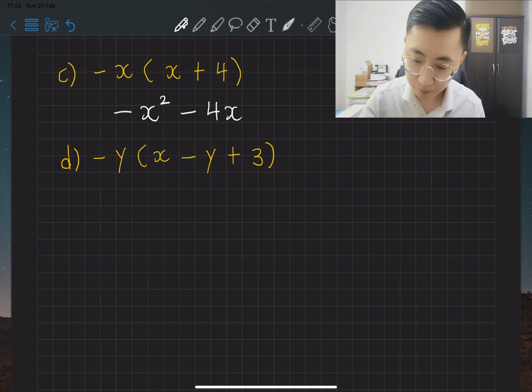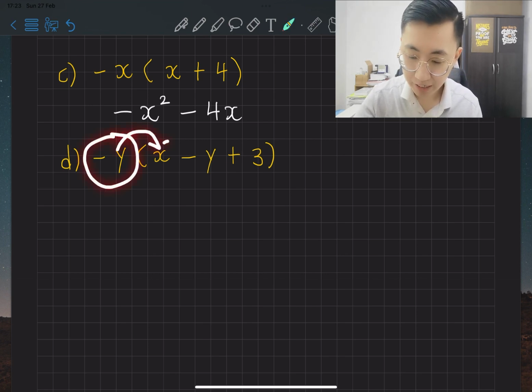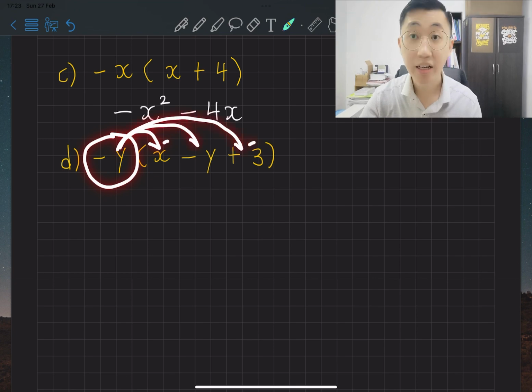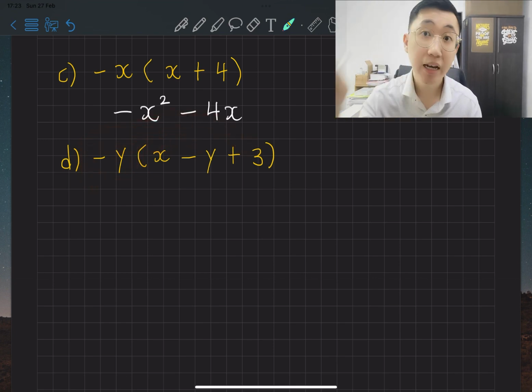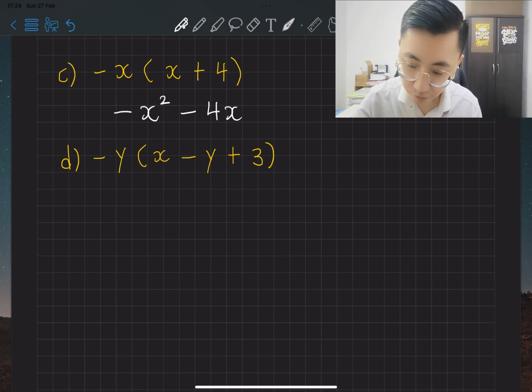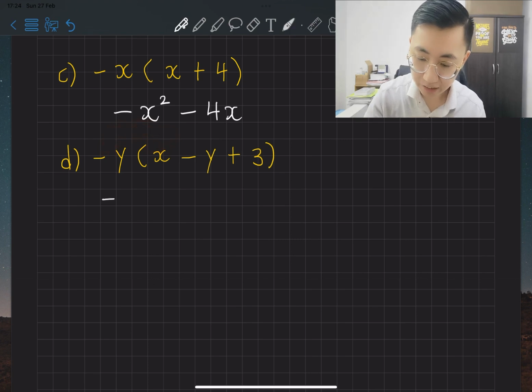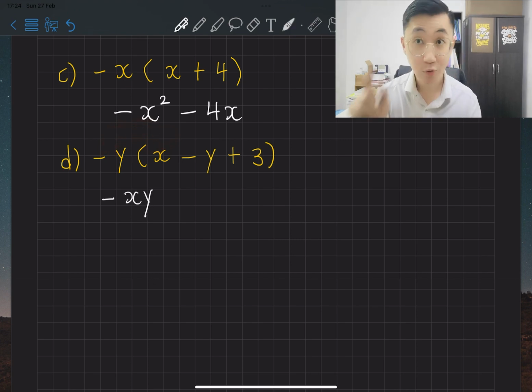Now last one. Whatever is outside the bracket, just multiply in with the terms inside. If you have 3 terms, then multiply in 3 times. Now let us start. Negative y times x will give you negative xy. If you want to write negative yx, that would be the same.